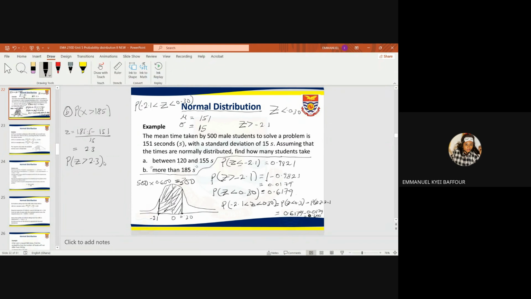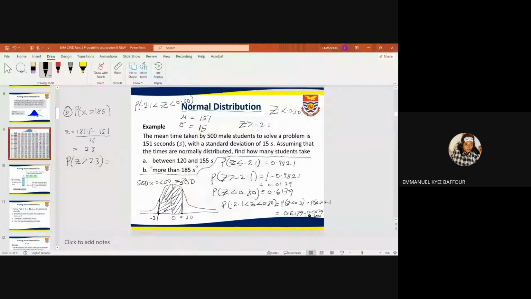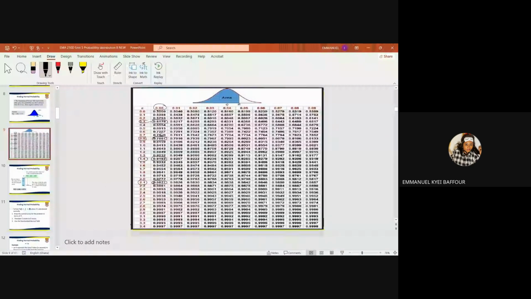And then from the table, what did you get for this? Sir, please, I don't have the table. 2.3. So you had 2.300.